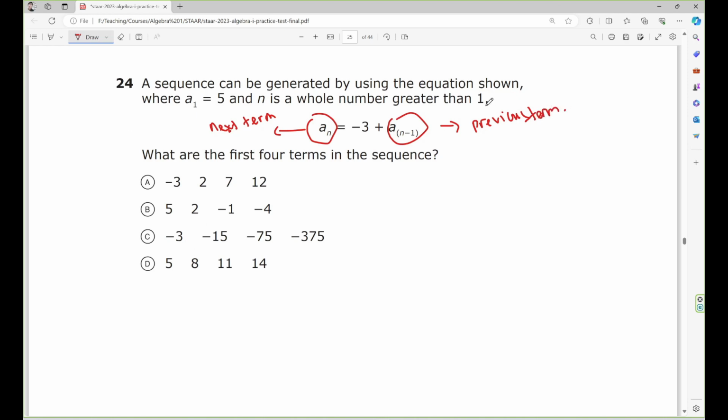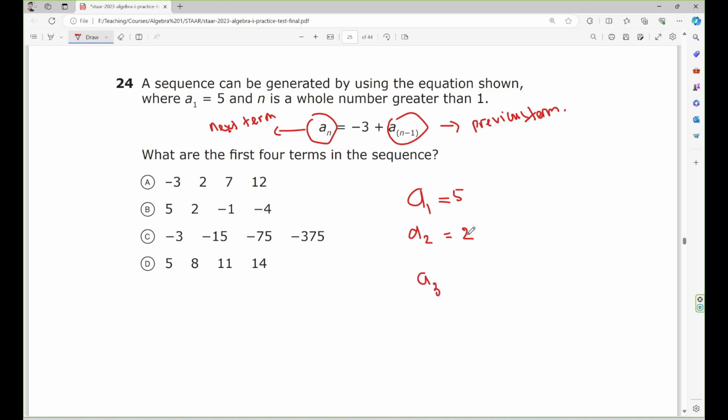So the next term equals negative 3 plus the previous term. Now you have the first term a1 equals 5. Now you need to find a2. a2 equals the previous term, which means a1 minus 3 right here. So it should be 5 minus 3, it should be 2.